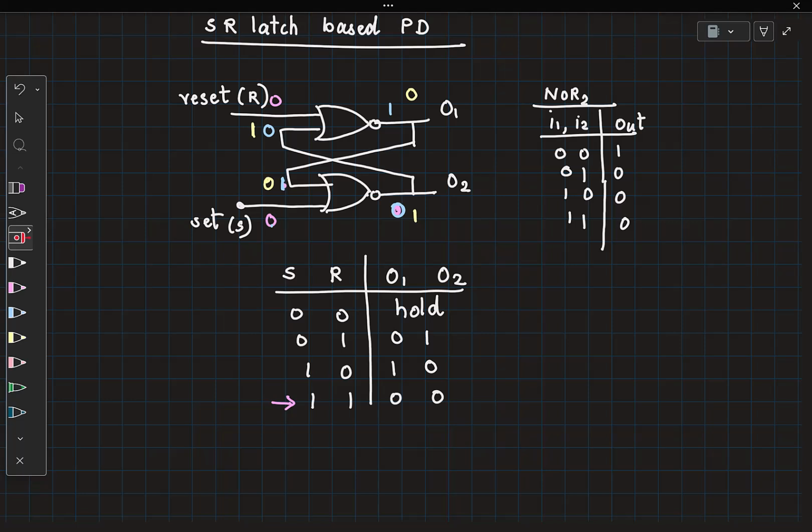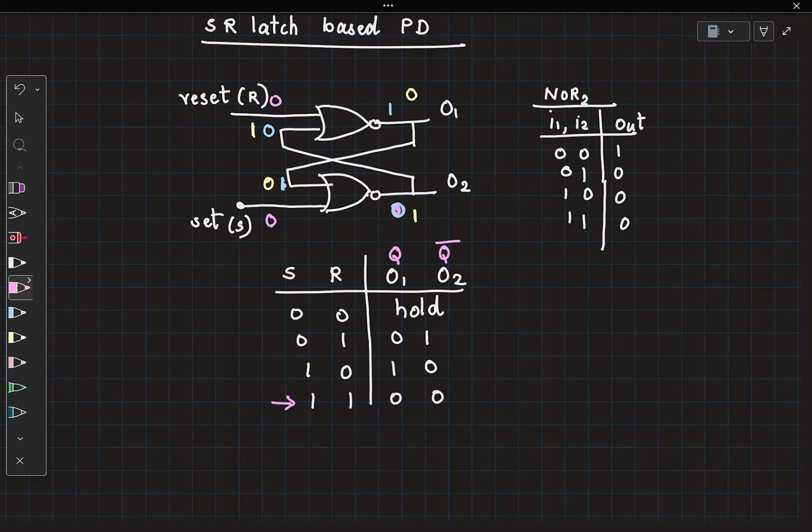Okay, so one reason is a lot of times when the SR latch is used in digital circuits, it's often used as a memory, right? A memory module where they call O1 as Q and O2 as Q bar, right? Now, once you call like this, you see that when the set is equal to 1, when you are setting the memory, Q is 1, Q bar is 0.